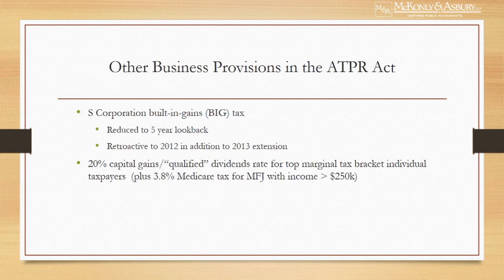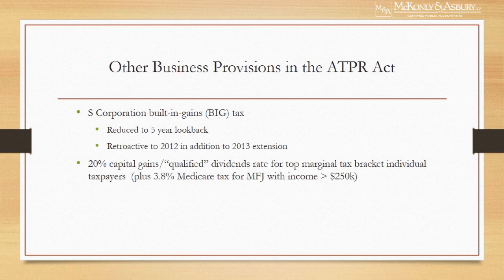And it's assessed based on the unrecognized built-in gain at the time of the conversion from the C corp to the S corporation. So if your assets were a higher fair market value than your basis at the conversion, with some other rules applied, that would be what would be subject to the built-in gains tax when these assets are eventually sold by the S corporation.